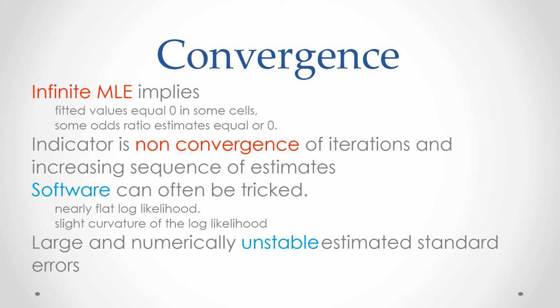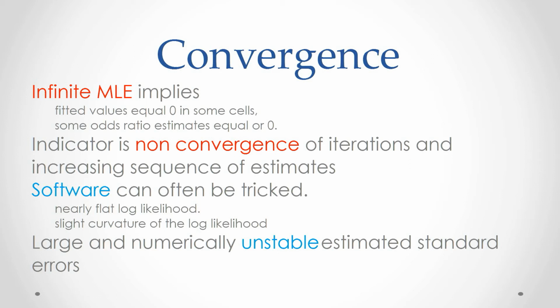Unfortunately, software is often fooled by this kind of behavior due to the likelihood being nearly flat and the log likelihood having very slight curvature. The consequence of this is that the estimated standard errors based on inverting the information matrix are extremely large as well as numerically unstable.